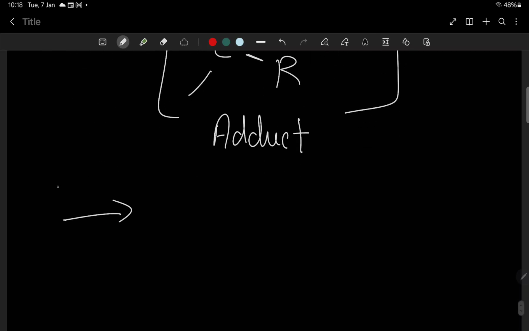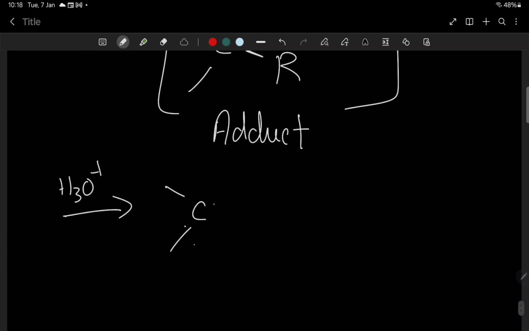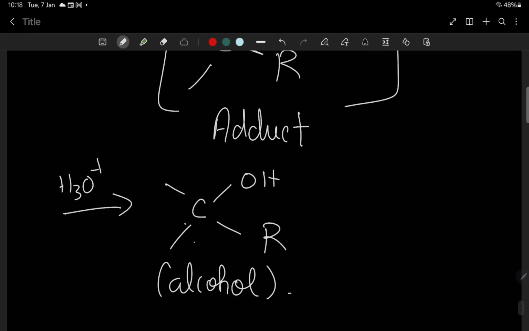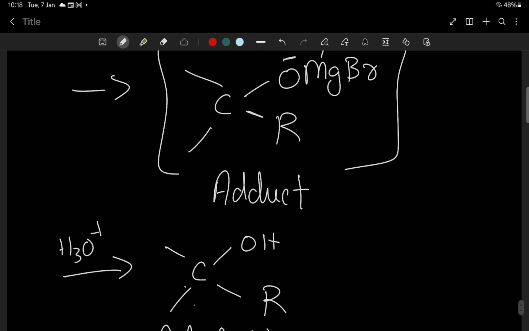You remember? If you hydrolyze this, we get C(OH)R, the respective alcohol.